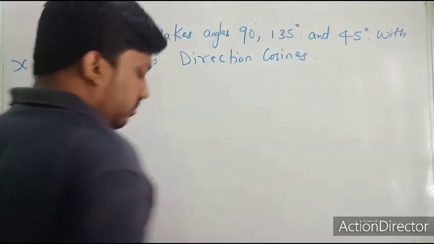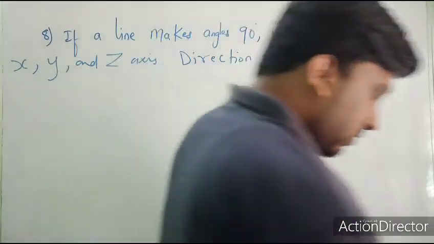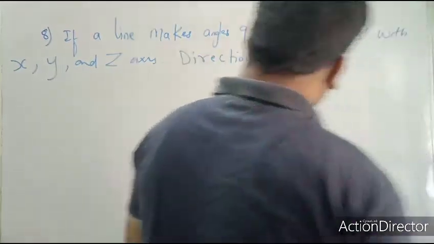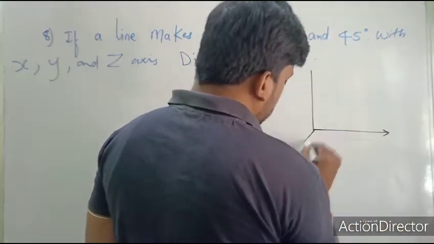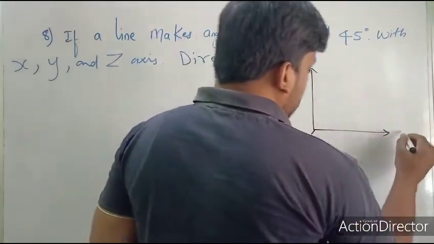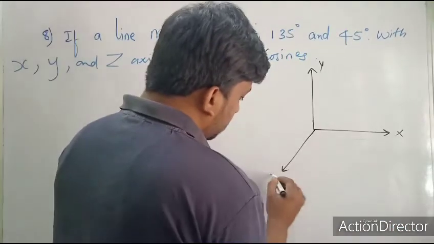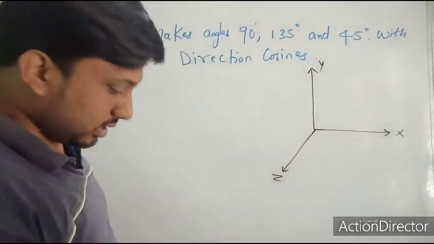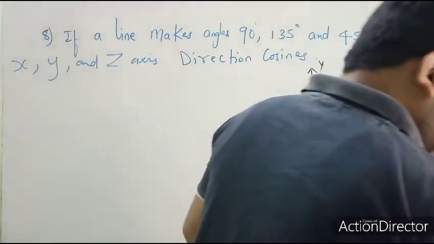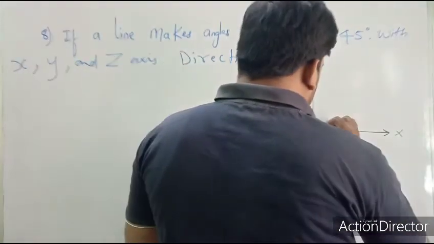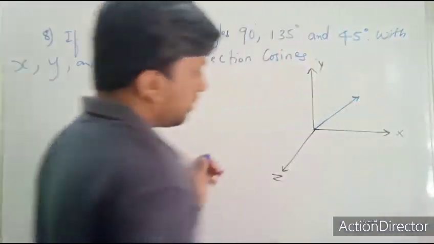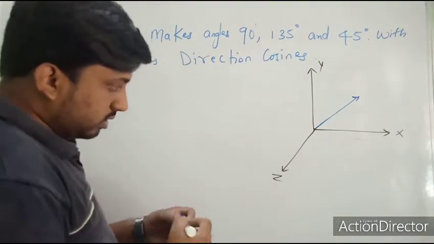What are these direction cosines? See, whenever we have three axes, let me take some three axes like this. Okay, so this is x axis, this is y axis and this is z axis. Let me take like this. There is some vector. Okay, let me take some vector here. Okay, this is a vector.